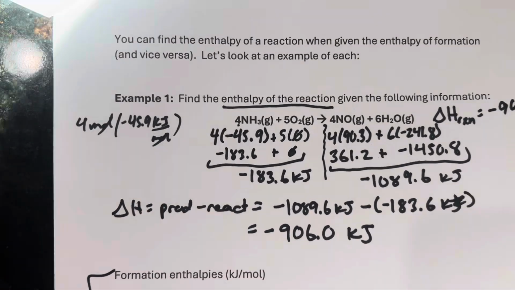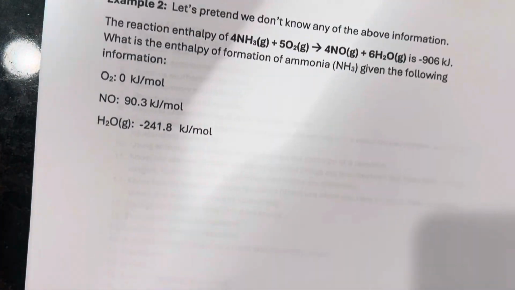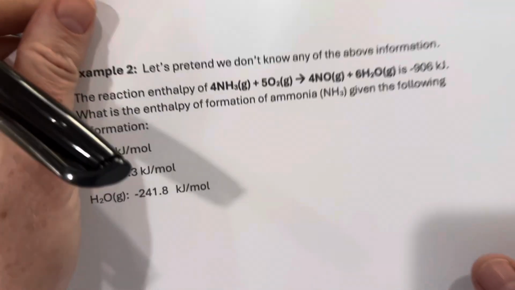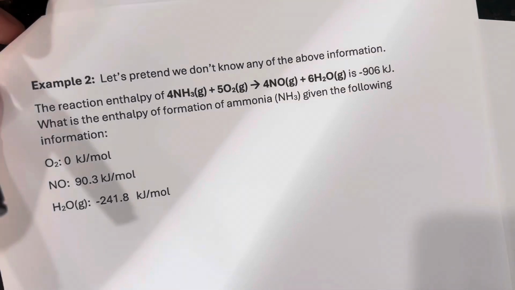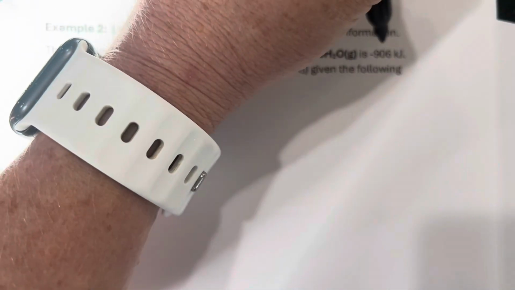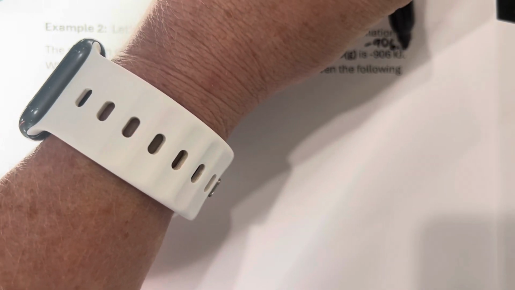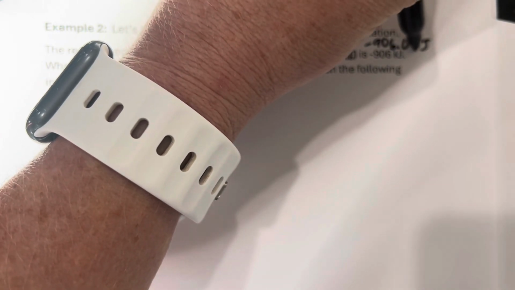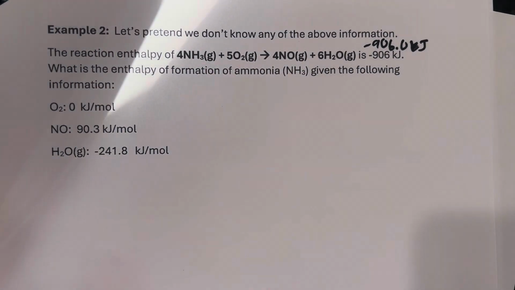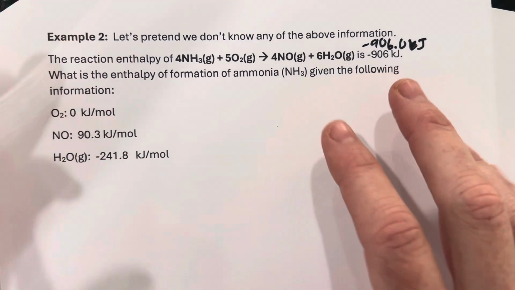All right, moving on to the last little bit. Let's take that same thing and pretend we didn't know what we just learned. So if we didn't know that information, this should be 906.0, because sig figs. Okay, so let's go ahead and do this reaction now, but a little bit backwards.